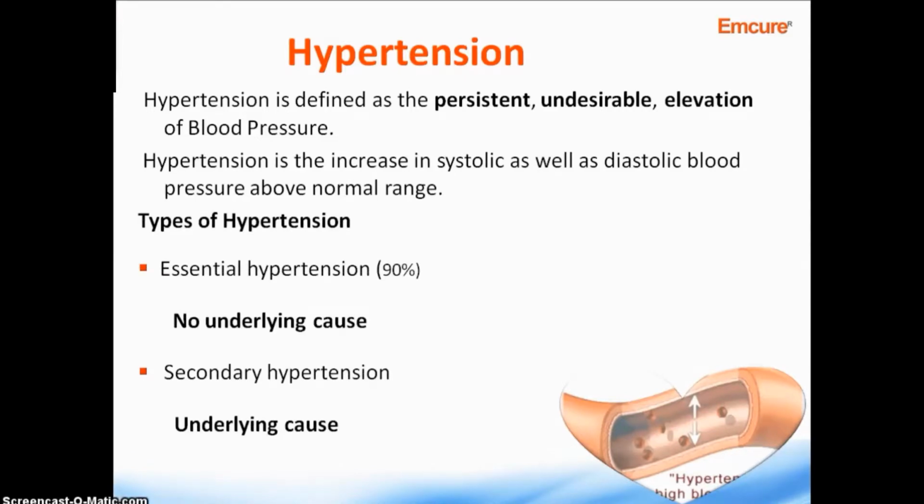There are two types, essential and secondary hypertension. In 90% of the cases it is diagnosed as essential hypertension, whereas in few cases where there is an underlying cause, that hypertension is termed secondary hypertension, and approximately 5 to 10% of the patients land up with secondary hypertension.